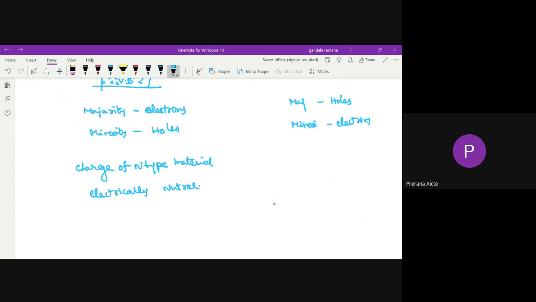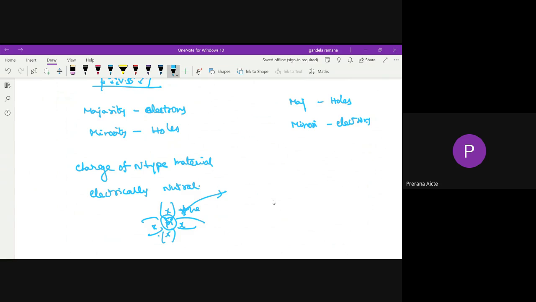How does it work? When it is a fifth group element, phosphorus, it will be bound. Some electron is there. When it becomes a free electron, it becomes a positive ion.